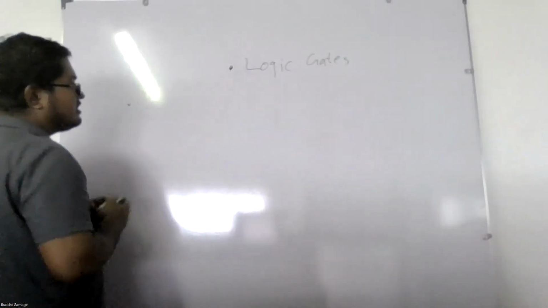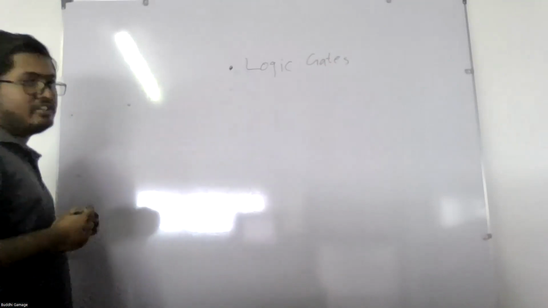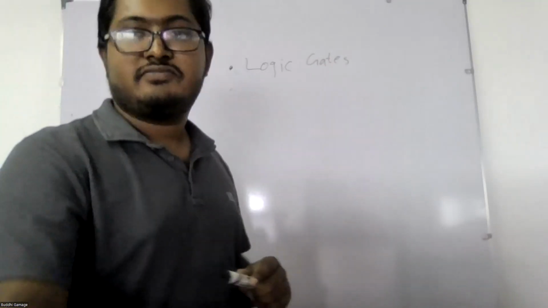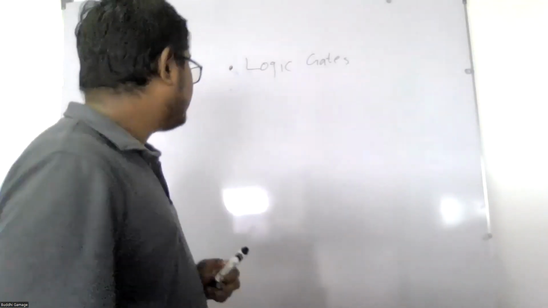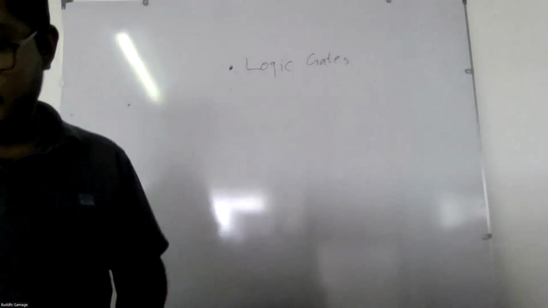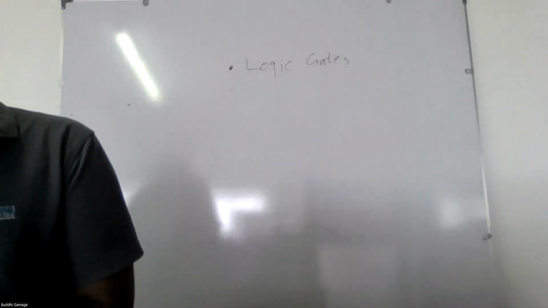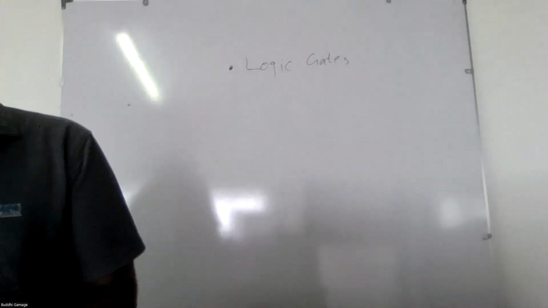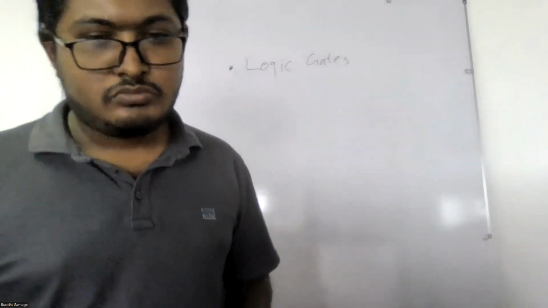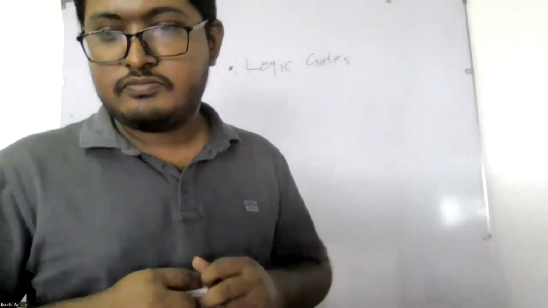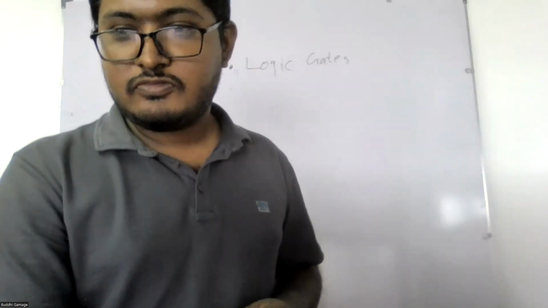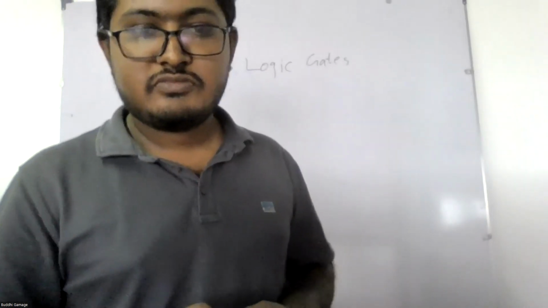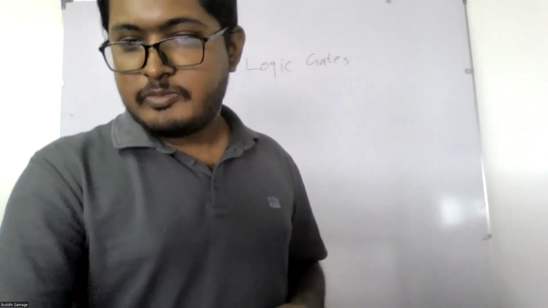Basic logic operators. So in logic, what are the gates that you are aware of, students? What are the gates you are aware of? You can text me if you like.